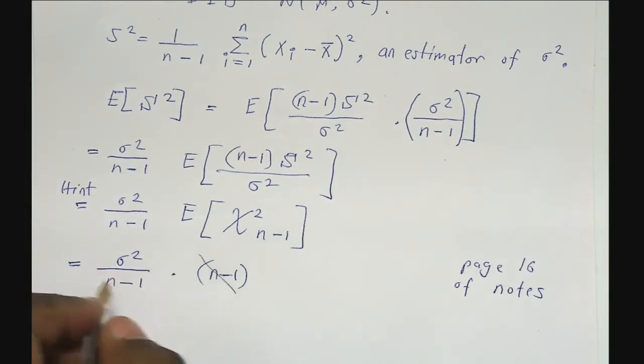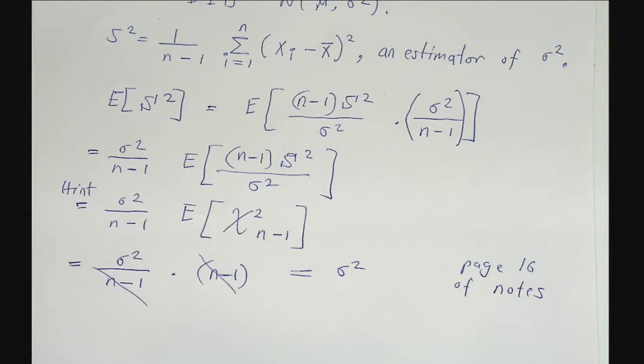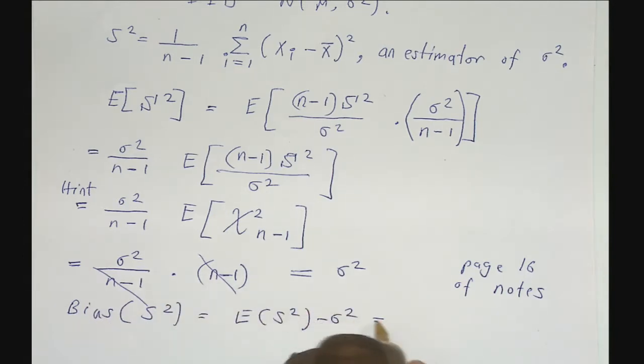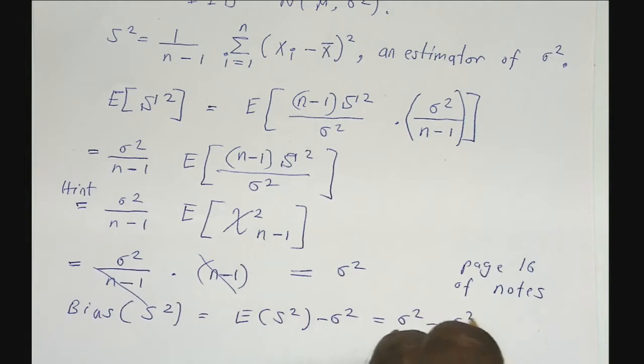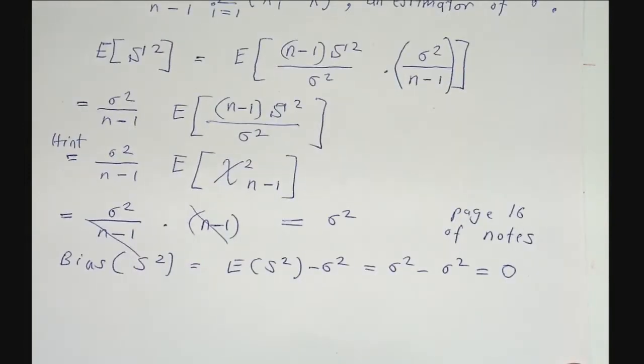So the n minus 1 and the n minus 1 cancel out, and you get sigma squared. Therefore the bias of S squared, which is the expectation of S squared minus sigma squared, is equal to sigma squared minus sigma squared, equal to 0. So S squared is an unbiased estimator for sigma squared.